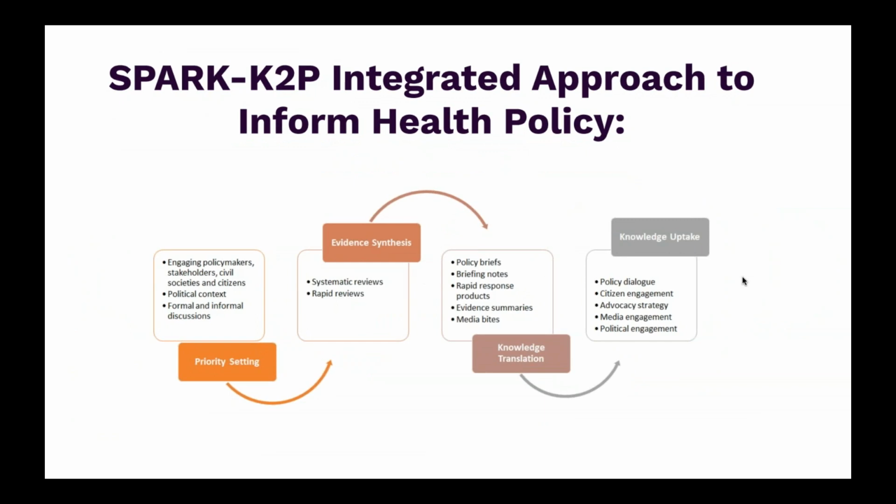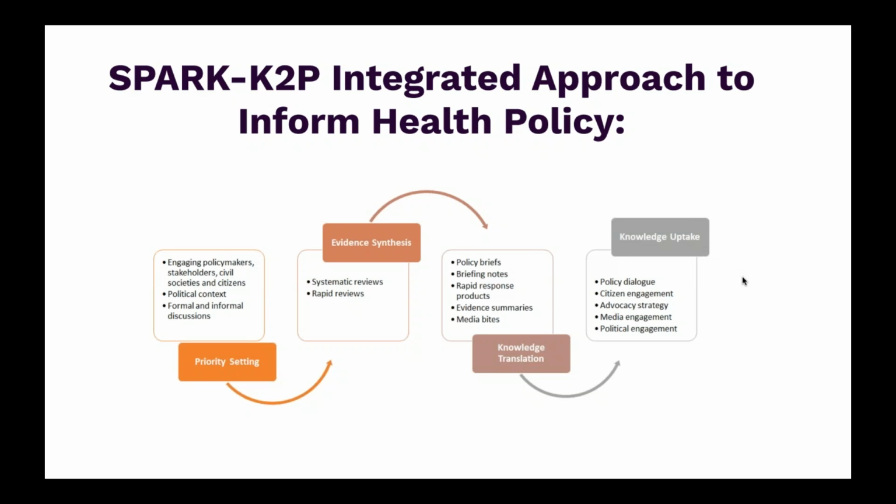and our experience. In our center, SPARK, which is a center for conducting systematic reviews for health policy and systems, in collaboration with the K2P Center, we've developed this approach for informing health policy. It starts with priority setting.